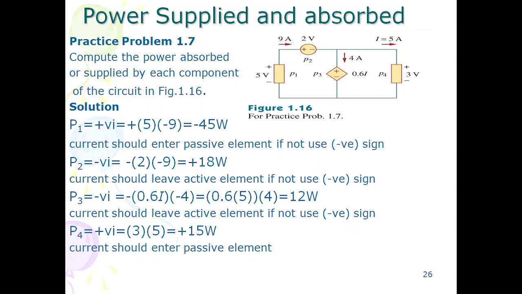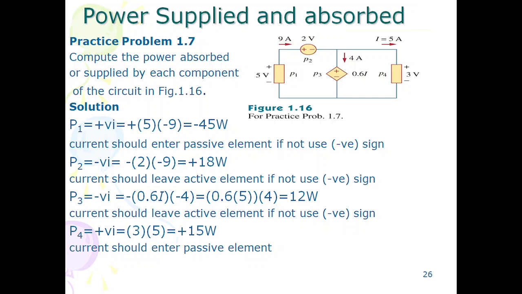For a voltage source, current should go out from the positive terminal, but in our case current is entering the positive terminal, so we use a minus sign with the value of current, that is minus 9, and the answer is plus 18 watt.